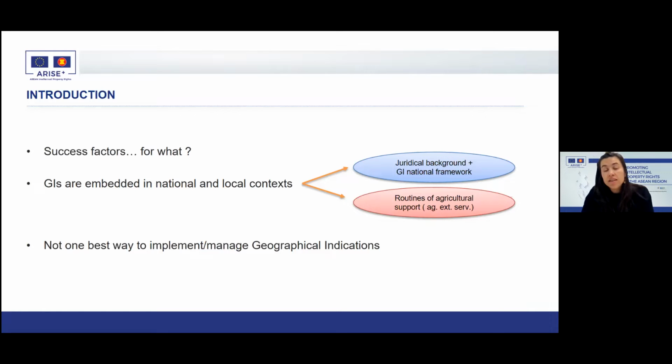Indeed, like all other development tools, geographical indications take place according to the way of doing of agricultural extension services, or maybe also other public services that are very often involved in the GI project, but also in other development projects in the area.